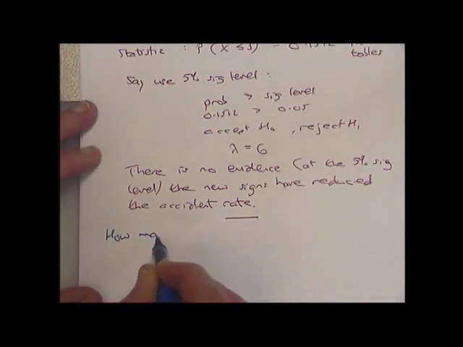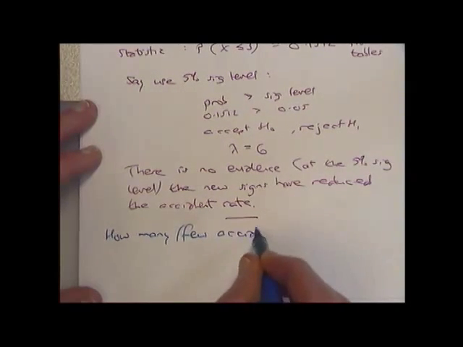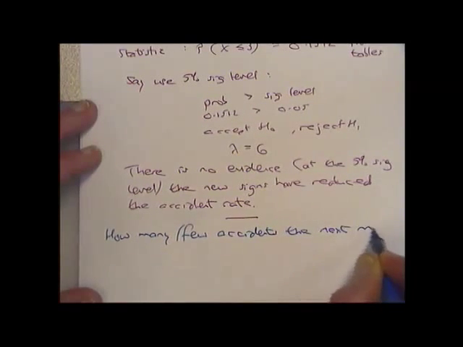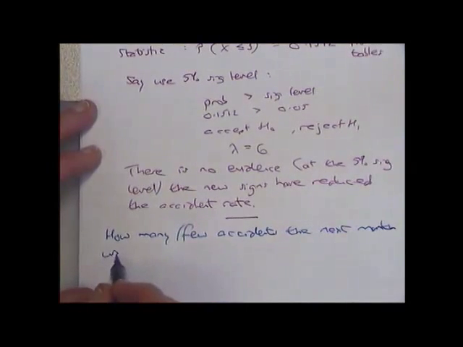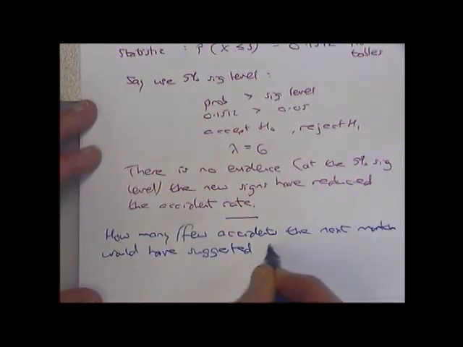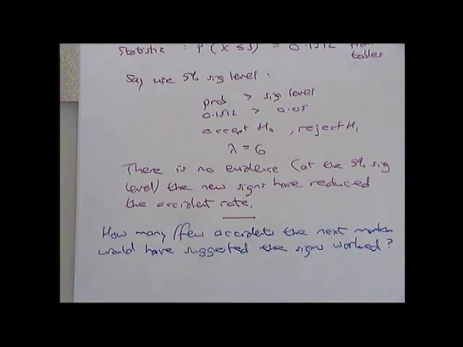How few accidents in the next month would have suggested the signs worked? Basically, how many accidents would it have had to fall to, to convince us at the 5% significance level?